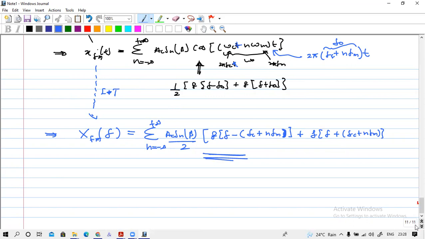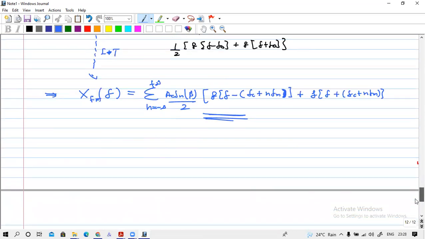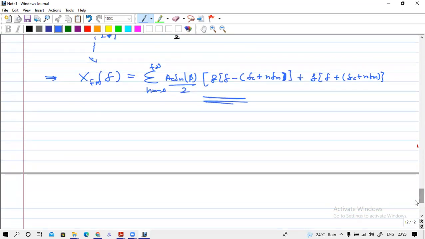So if I draw the frequency spectrum for the general case, okay, we have this is 0. So we have fc minus nfm, and plus fc minus nfm, okay.